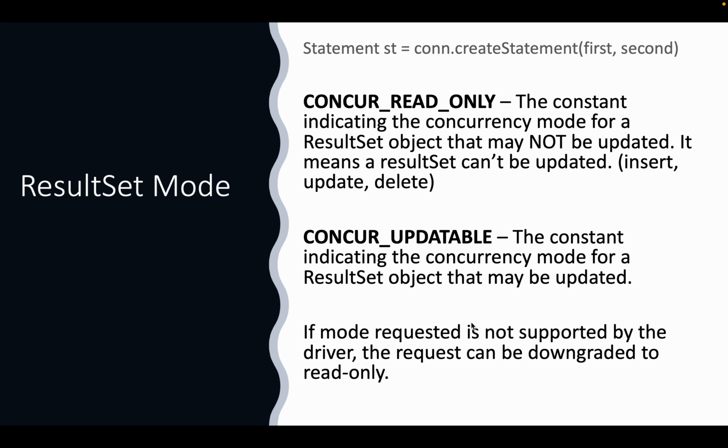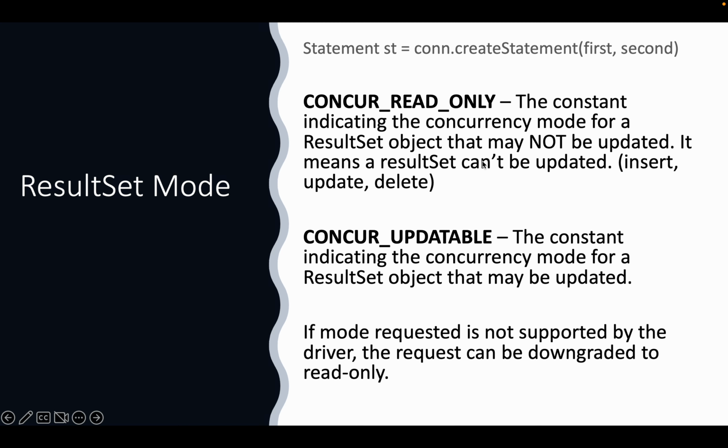Then you also have the result set concurrency mode, which has two values. It can be read only or concur updatable. If it's read only, this is the constant indicating the concurrency mode for a result set object that may not be updated.